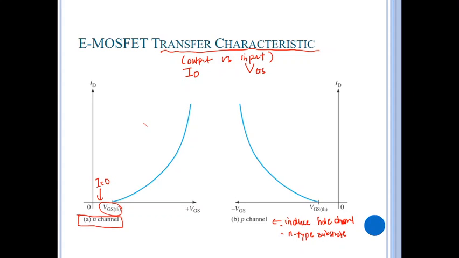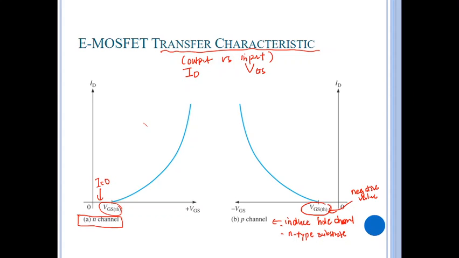Because we want to induce the hole channel, and the hole is a positive charge particle, we need to apply a negative gate voltage. That's why the characteristic of the P-channel EMOSFET looks like this, where VGS is a negative value.